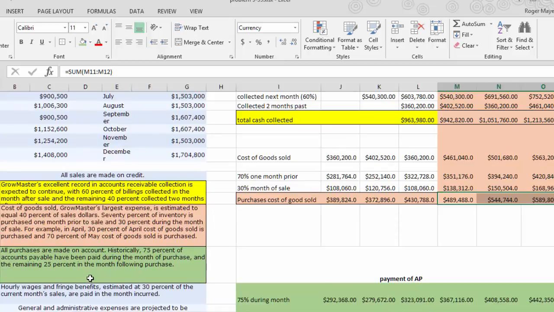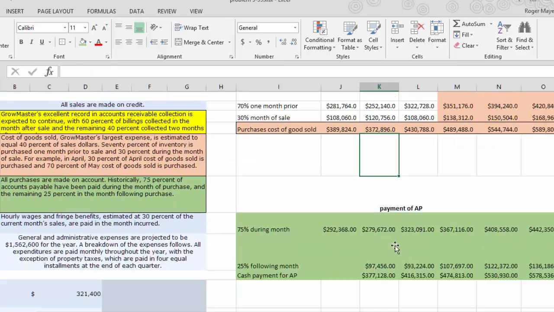All purchases are made on account. Historically, 75% of accounts payable have been paid during the month of purchase, and the remainder, 25%, the month following the purchase. So what we see over here is the payments.